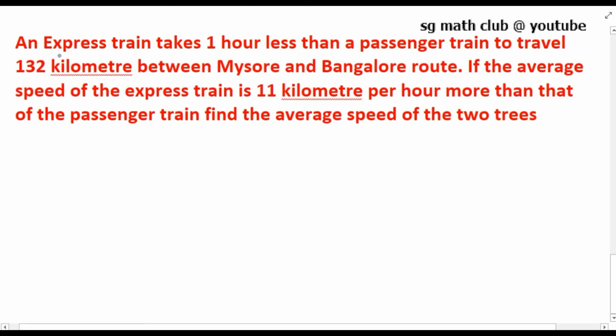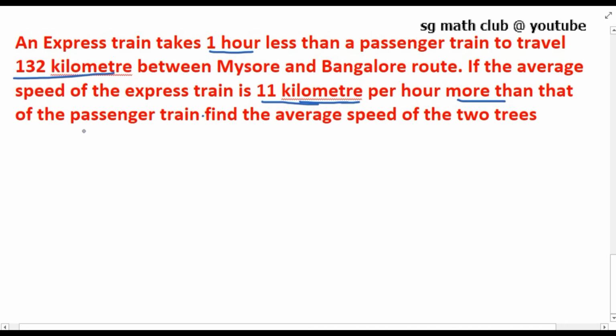Now the next question: an express train takes 1 hour less than a passenger train to travel 132 km between Mysore and Bangalore route. If the average speed of the express train is 11 km per hour more than that of the passenger train, find the average speed of the two trains.